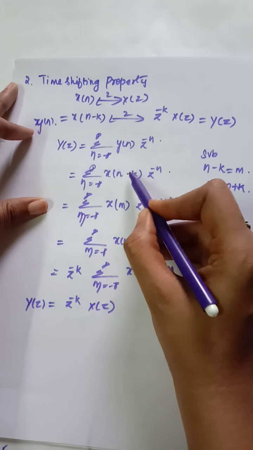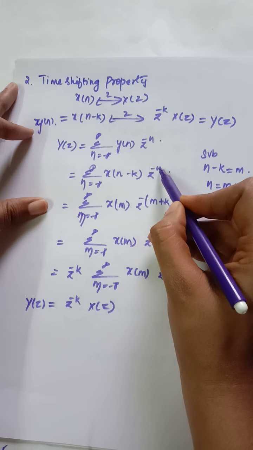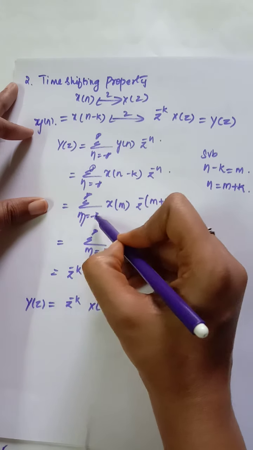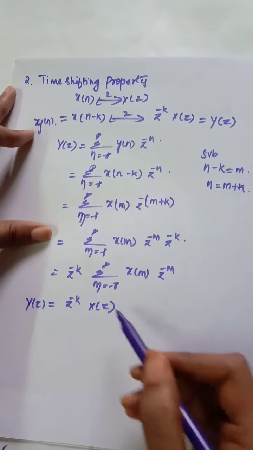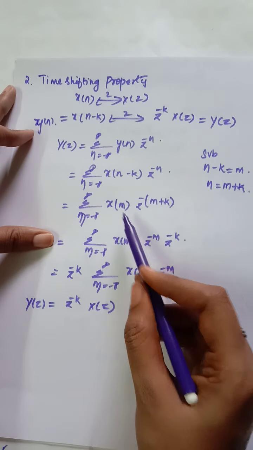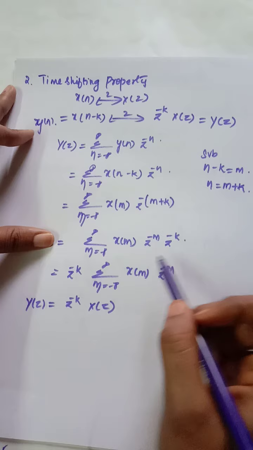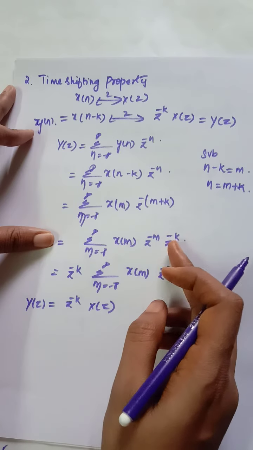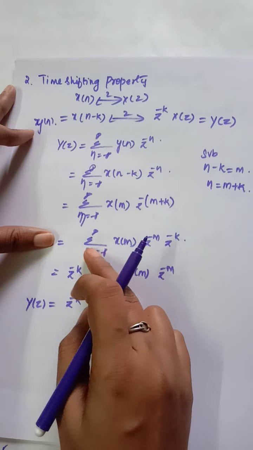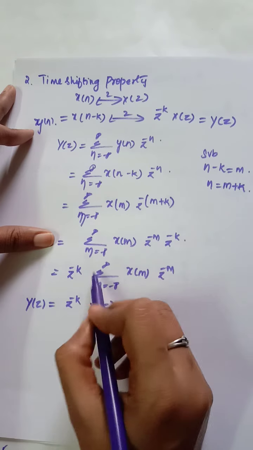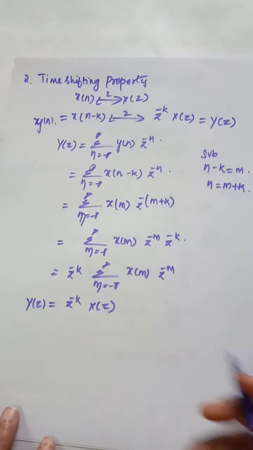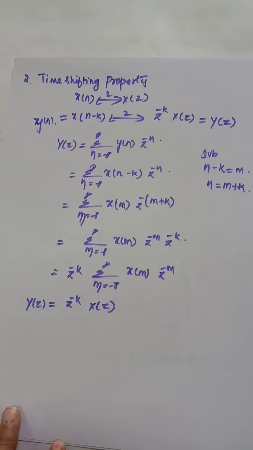Substituting m plus k instead of n, the summation will also change to m equal to minus infinity to infinity. Separating these two terms and taking the k term outside, because this summation is independent of k, this term is nothing but x of z. So y of z is equal to z power minus k into x of z.